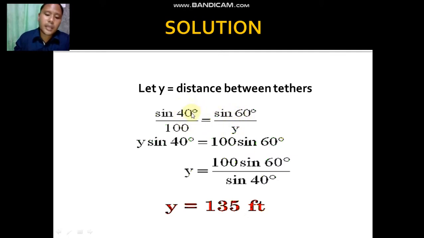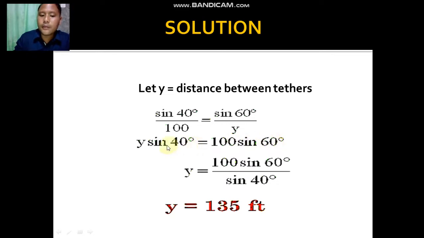After the cross multiplication, in the left hand side, y is being multiplied to the sine value of 40 degrees. In the right hand side, we already have the product of 100 and the sine value of 60 degrees.